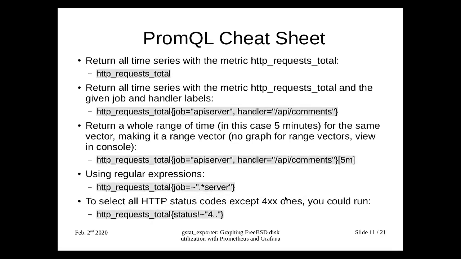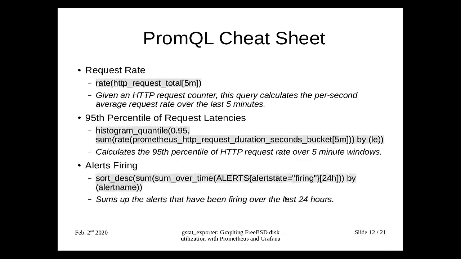You can also return a range vector, so you get all the values for, for example, a 5-minute interval, if you need that. You can use regular expressions for the labels, and you can do fuzzy matching for the label values as well. I use those labels a lot in the gstat exporter to save stuff like the disk's serial numbers. We'll get to that later.